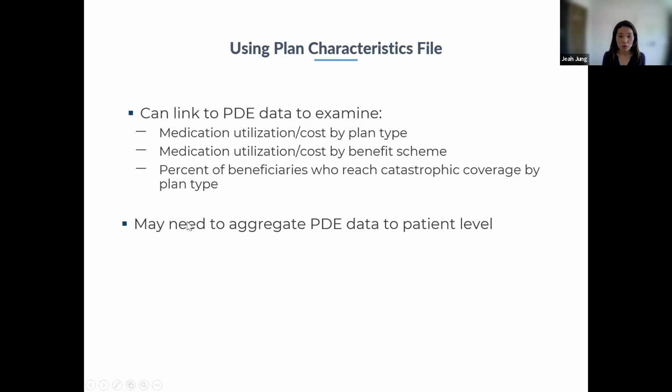And also when you use the PDE files, you may want to actually aggregate PDE file. PDE file unit of record is an event, right? To aggregate to beneficiary level, because plan beneficiary level has one contract ID and plan ID, right? So always, this is one example that you have to really do some pre-work before you merge to ensure the correct merge.